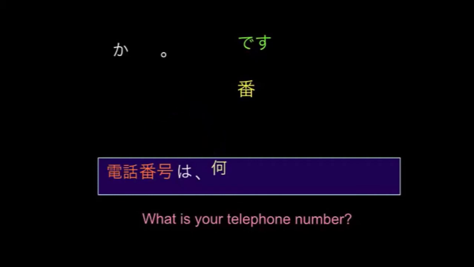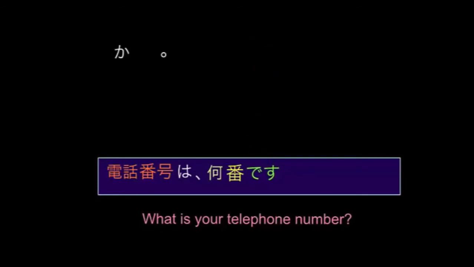So we need the Japanese word for what, that's nan. Then we're asking about number, so we need to add the word for number, and we get nanban. What number? Nanban. Then we need desu, it is.